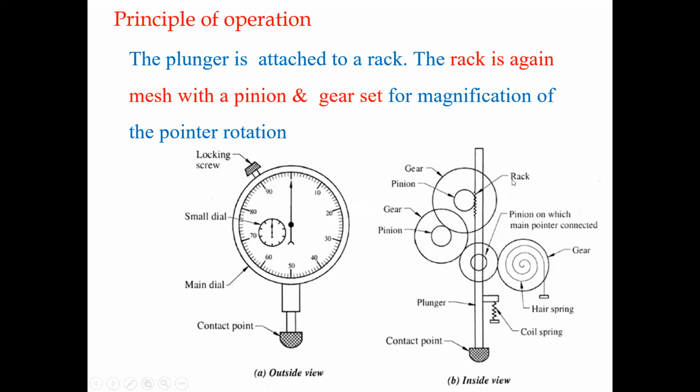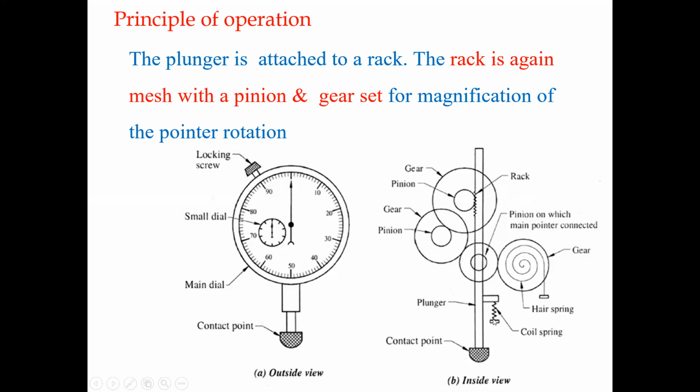For this reason, these number of gears, larger and smaller gears like pinions and gears, and the rack and pinion mechanism are used in order to take the mechanical advantage, in order to magnify the smaller variations on the surface of a work part. This is all about the working of the dial indicator.